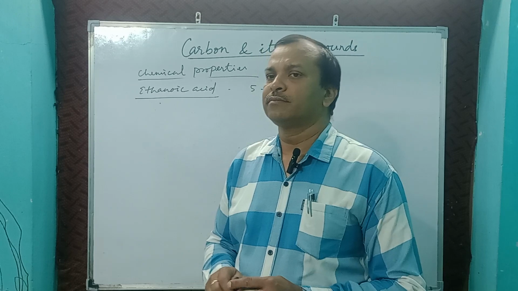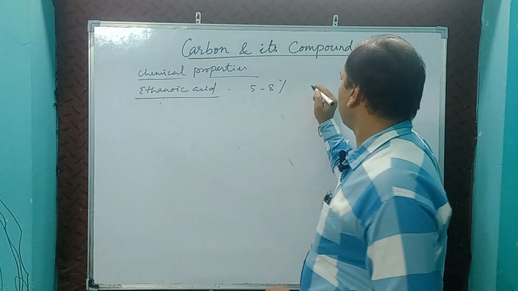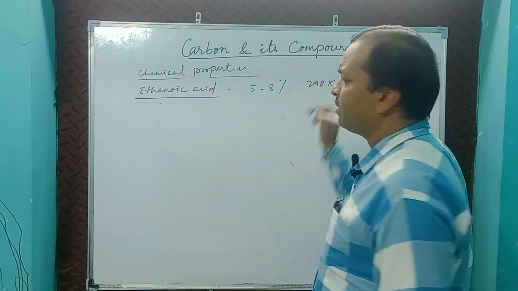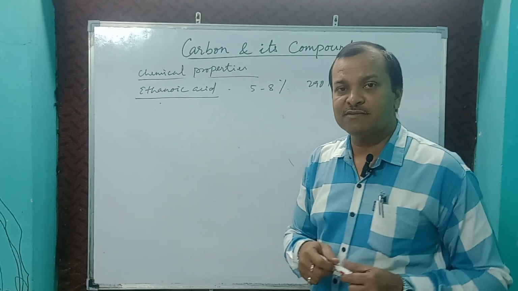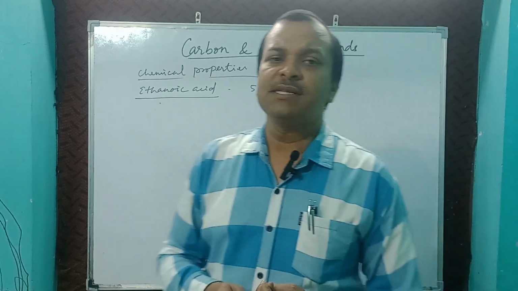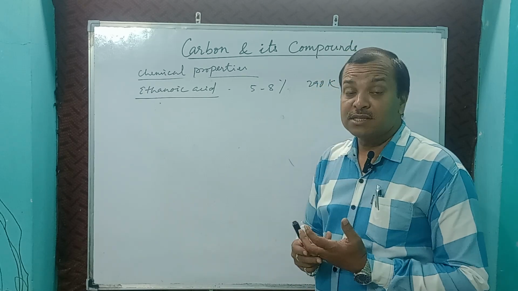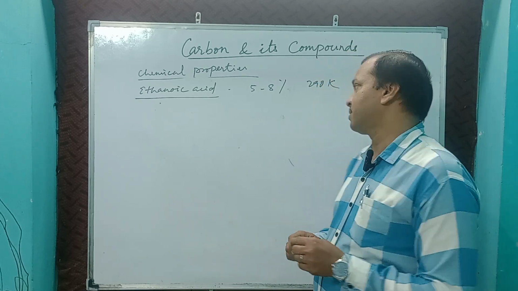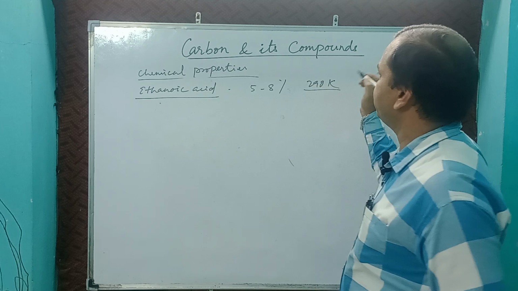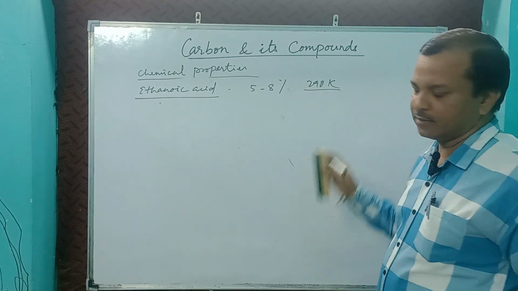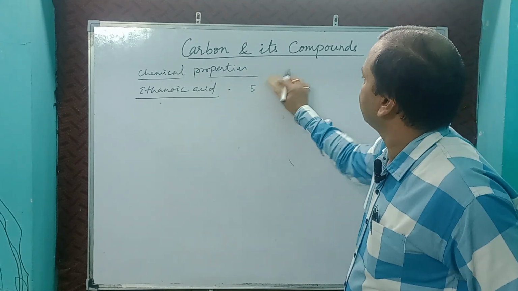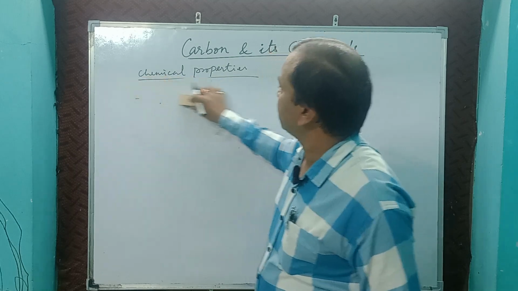Its melting point is very low, 290 Kelvin, so it can freeze very easily. In winter sometimes it freezes, and that is why it is called glacial acetic acid, carboxylic acid.